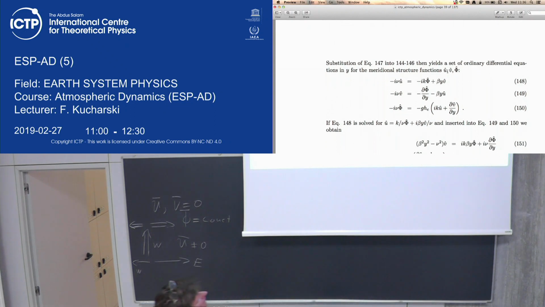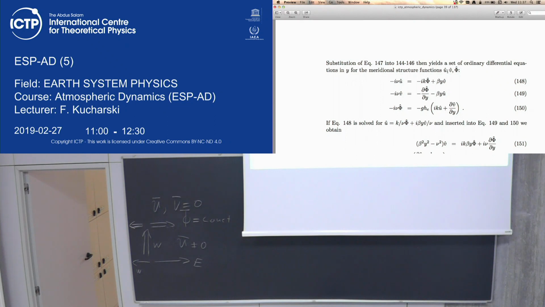You will find this is the set of equations after inserting these perturbations, dividing by the exponential, and eliminating as much as possible everything else. But this is just dividing by the exponential, because we cannot divide anymore in this case by the amplitudes. Now these amplitudes here, u hat, v hat, and phi hat, are functions of y.